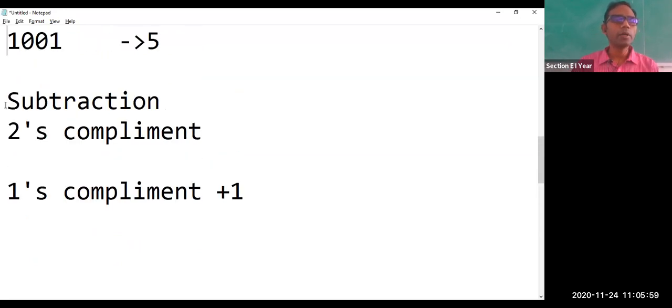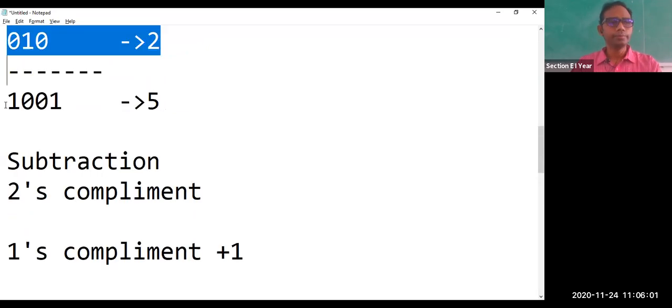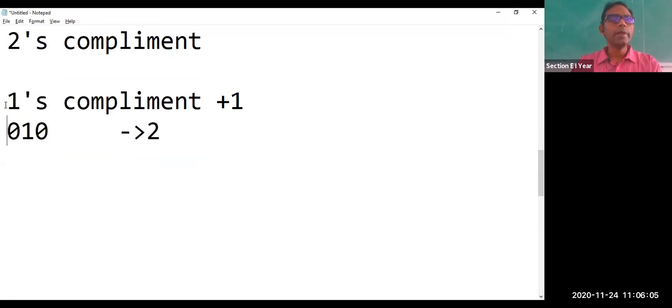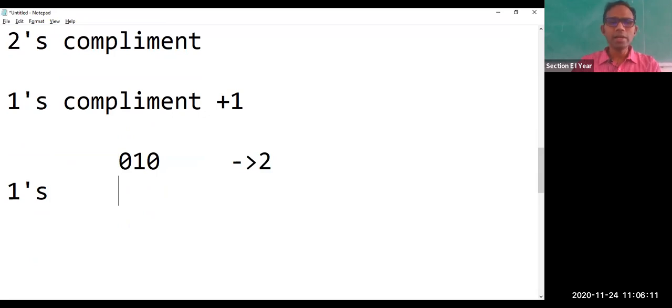Let us take one number, 2. Let us make the 1's complement of this number. Make 0 as 1 and 1 as 0, that is called 1's complement. Wherever 1 is there, write 0. Wherever 0 is there, write 1. Then it is called 1's complement.